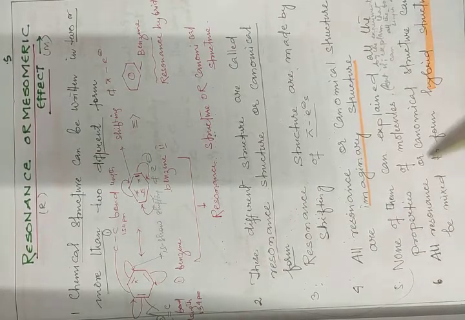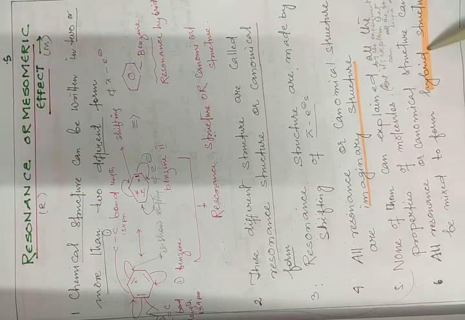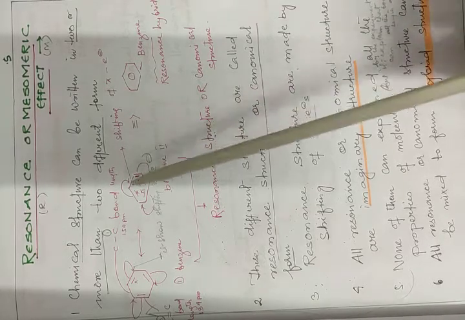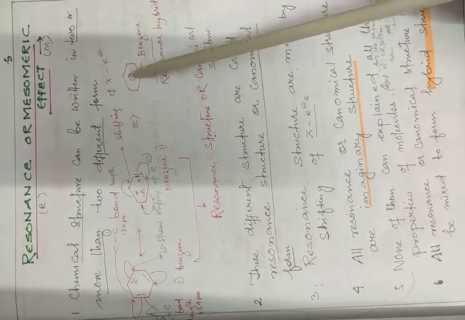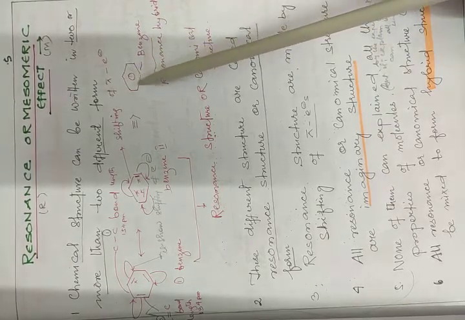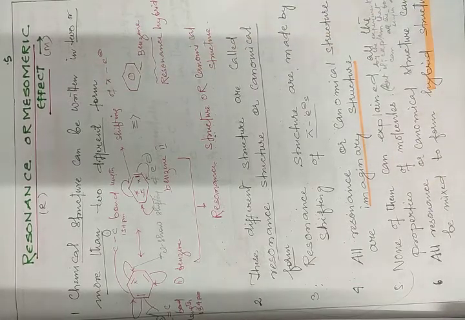Now all the resonance or canonical structures can be mixed to form a hybrid structure. Whatever structures form the resonance hybrid, it will be represented as a ring with dotted lines, and that is called the resonance hybrid.